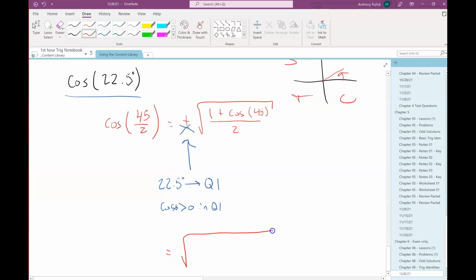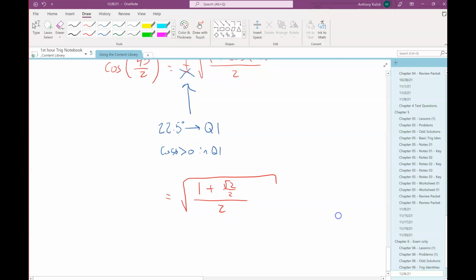Okay. So now we're going to go ahead and look up cosine of 45 from the unit circle, which is root 2 over 2. Everybody's cool there? Notice that I dropped the plus or minus and just left it as positive, the whole thing, right? Because we decided it was a positive.